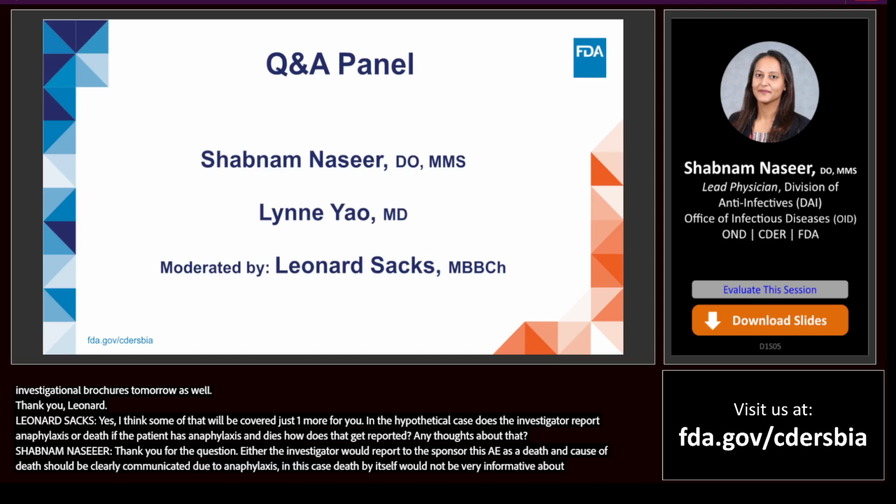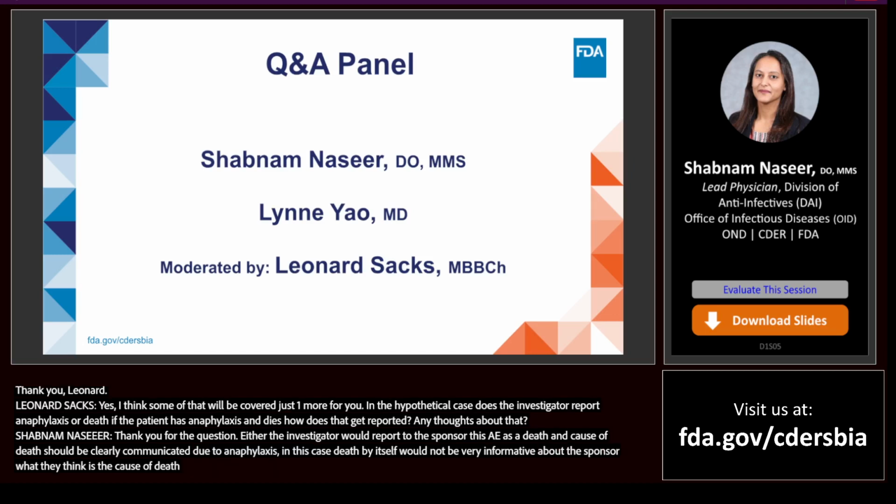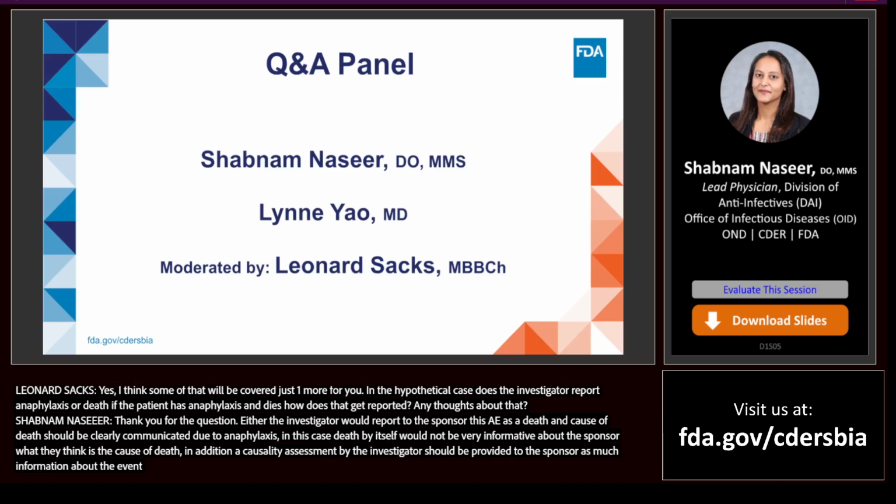And in addition, a causality assessment by the investigator should be provided to the sponsor. As much information about the event as you can note would be helpful to the sponsor, who would then ultimately determine when and whether to report to FDA in this hypothetical example.